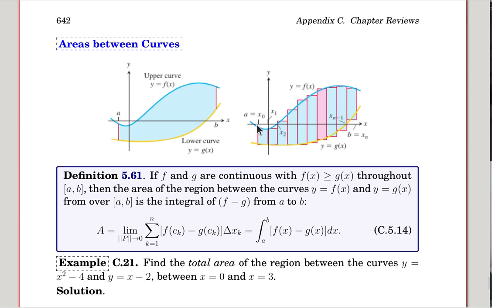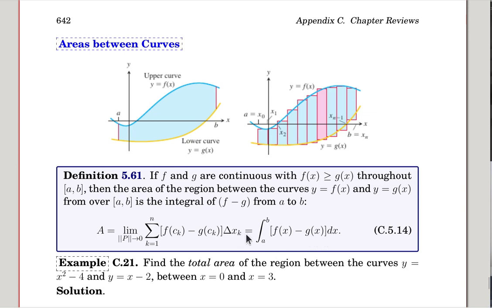First we make a partition from a to b, and for each subinterval we find some point ck, so that from here to there is the height, that is exactly this one, times the subinterval length, which will be the area of the kth portion. It is summed from 1 to n, and then we take the limit. So in integral form, it becomes the integral from a to b of f(x) minus g(x) dx.